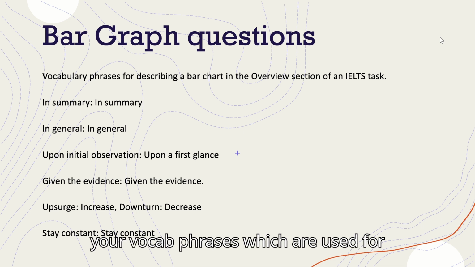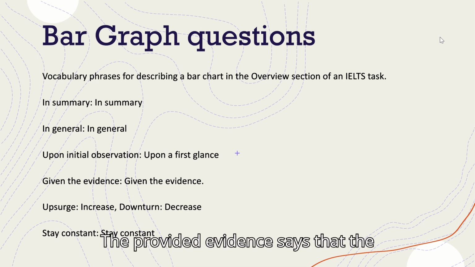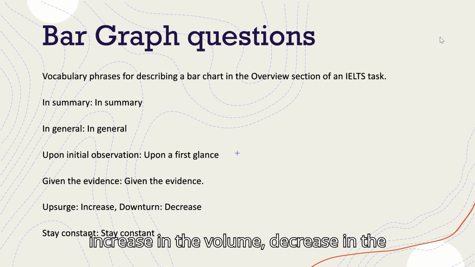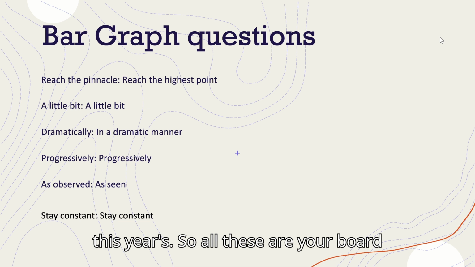These are all vocab phrases which are used for your overview section. When you use in summary, to summarize, in general, upon initial observation, the provided evidence says that there is an increase in the volume, a decrease in the chart, and it stayed constant for these years. So all these are your words.